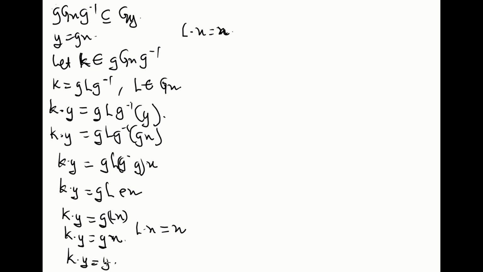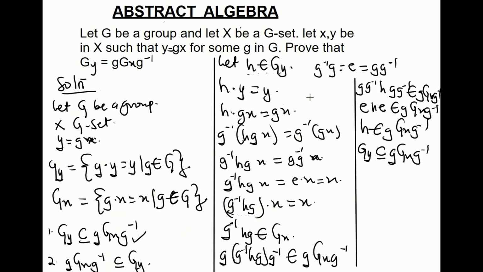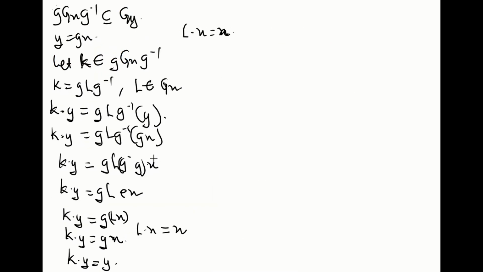If k composed with y is equal to y, it tells us that our k is in what? Our k is in the stabilizer of y. Because from the stabilizer theorem, by definition, the stabilizer of y is g composed with y gives us y, where our g is from G. So that is the same thing happening here. k composed with y is giving us y.